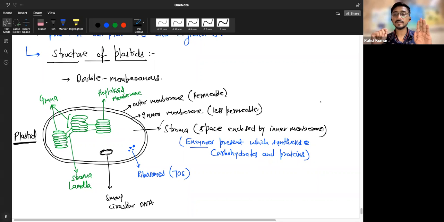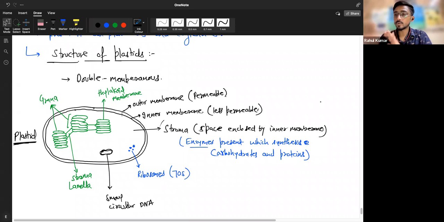Now the word dark reaction is a misnomer because scientists first discovered the light reactions, the part that only happens in the presence of light, which is harnessing the light energy, converting it into chemical energy. But once it is converted into chemical energy, you no longer need light, right? So processes from there can happen independent of light.